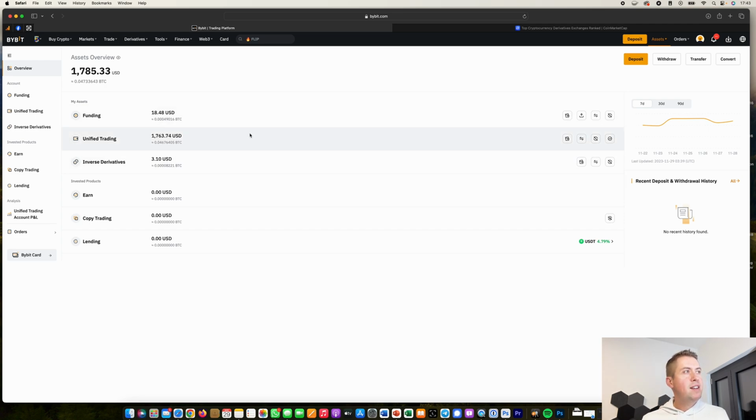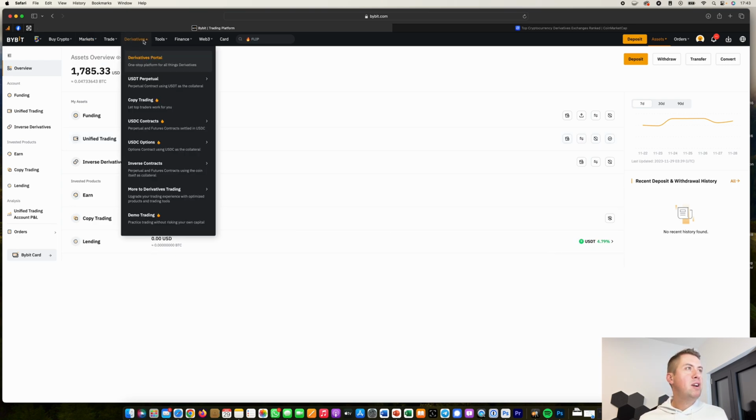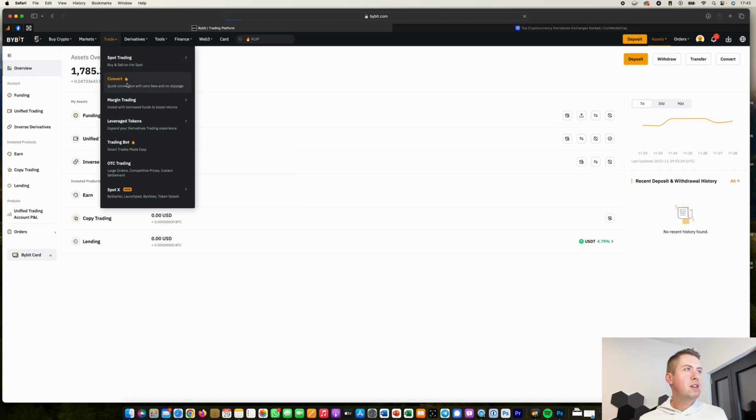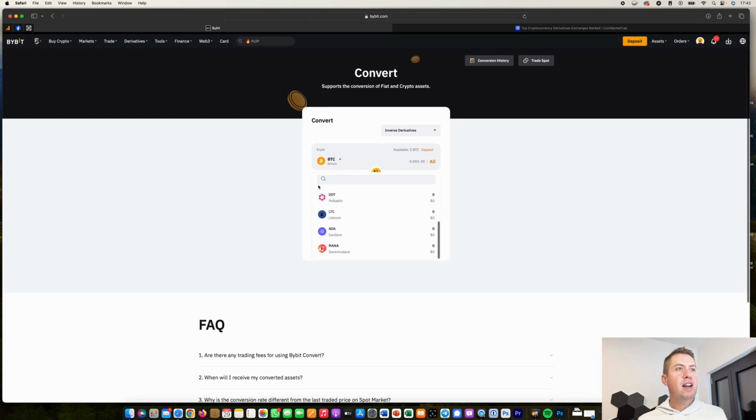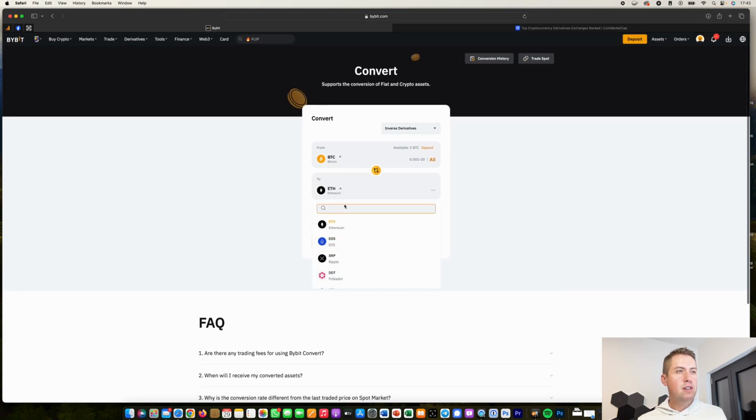If you want to trade, it's best to have USDT, Tether, in your account. You can, for example, convert your euros or whatever you have into another cryptocurrency, so you can convert them to USDT.